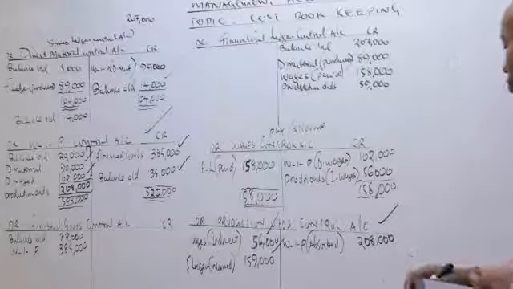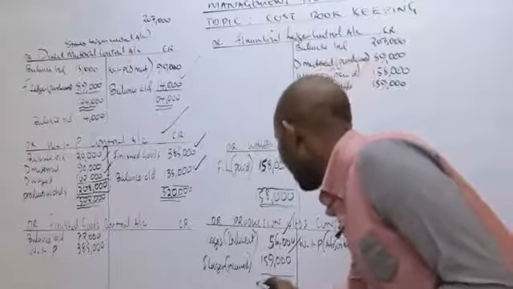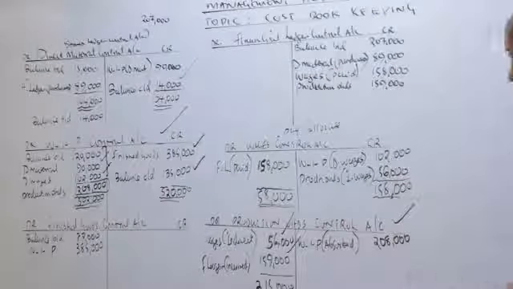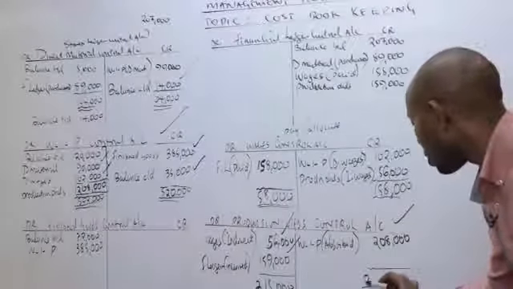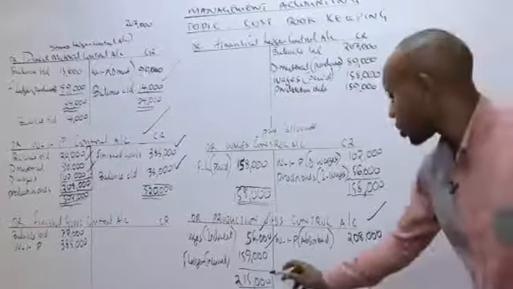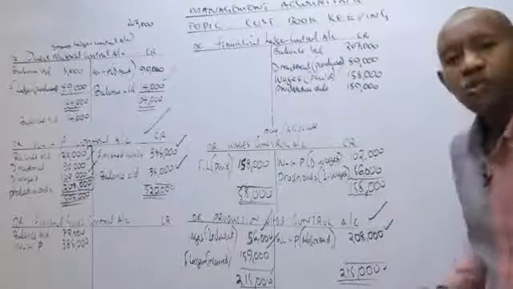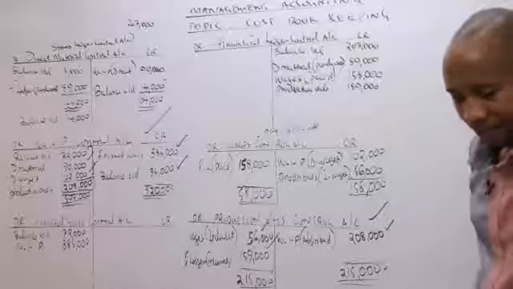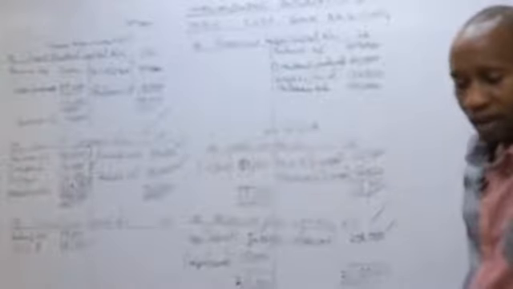Okay, 215. So we have 215 here. If all the overheads that were incurred were absorbed, then we should have absorbed overheads equal to 215,000. So this is the actual, 215. However, we only absorbed 208. So was there an over or an under absorption? Somebody tell me, did we under or over absorb?